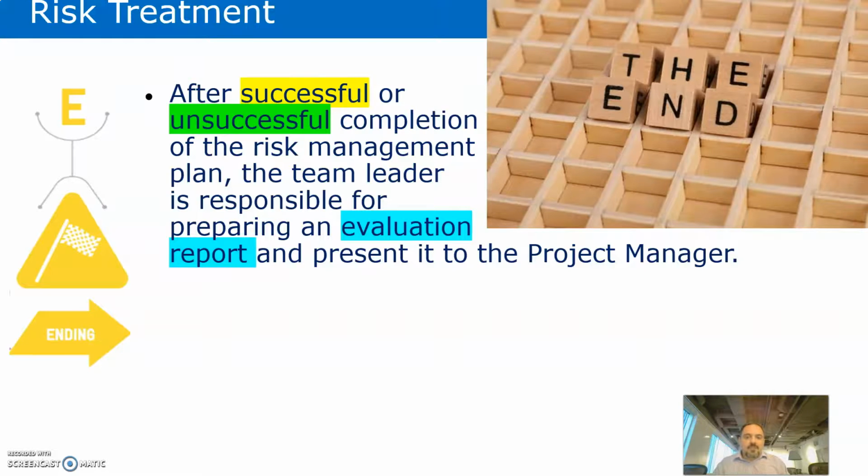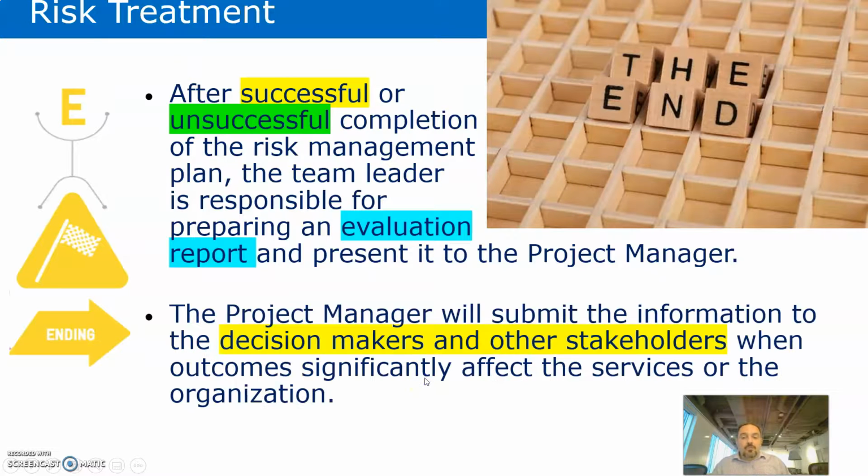The team leader is responsible for preparing an evaluation report to present it to the project manager, okay, or to the executive director, or to the board. So you will decide whether it's big enough to inform the other decision makers and other stakeholders, or if it is small, so you can keep it in the team.